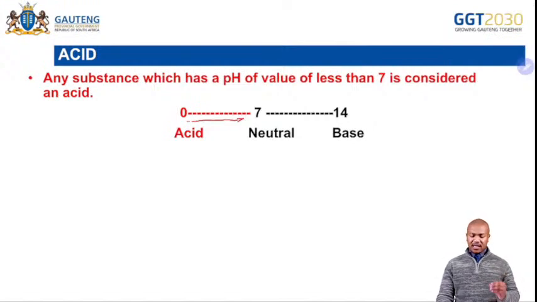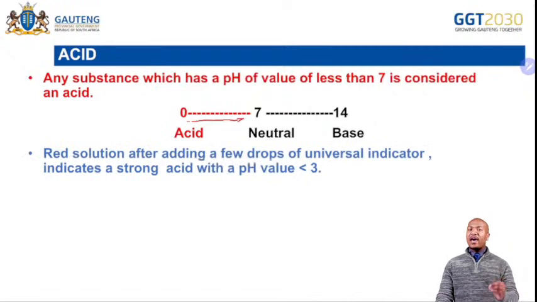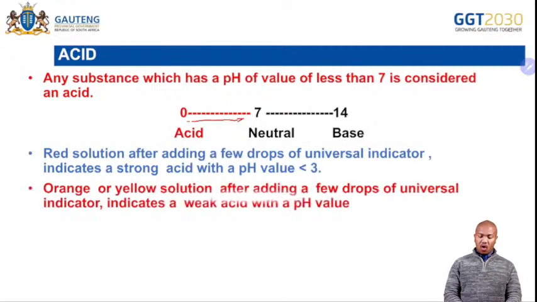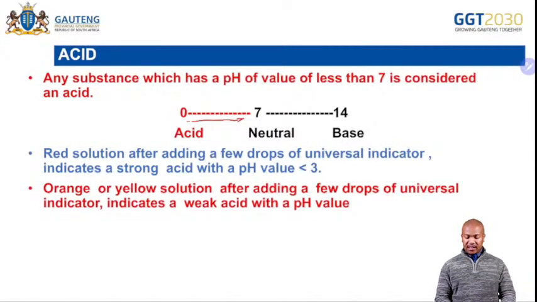Acids. So it means that it's any number between 0 and 7. And a red solution after adding a few drops of universal indicator indicates a strong acid with a pH value of less than 3. So an orange or yellow solution after adding a few drops of universal indicator turns what? Orange yellow color, right? Which indicates a weak acid.